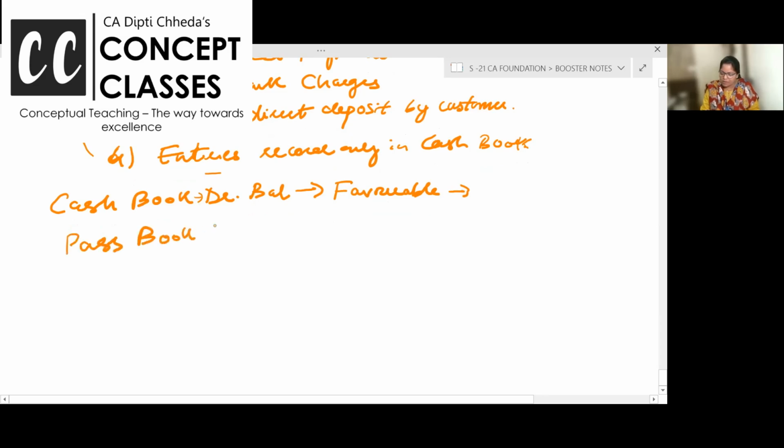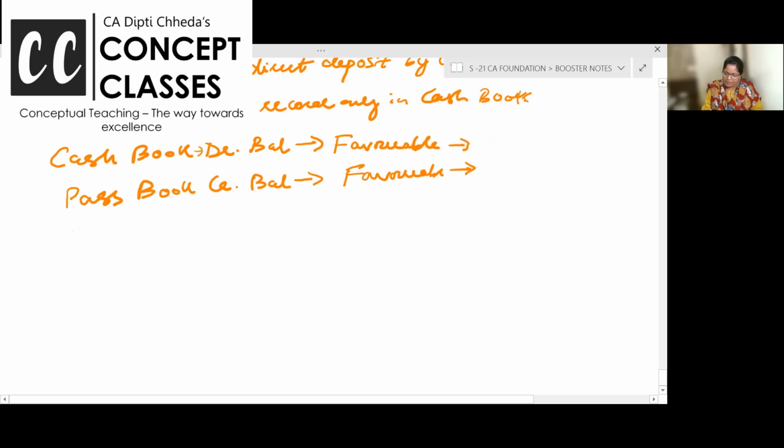Passbook credit balance, favorable. Same. Cash book debit balance, passbook credit balance, favorable.